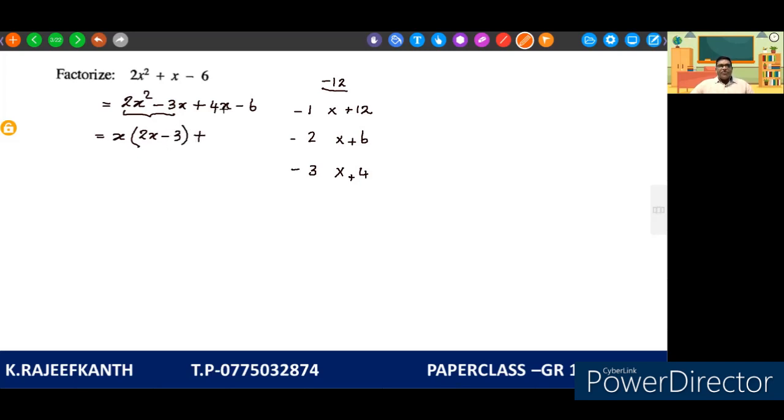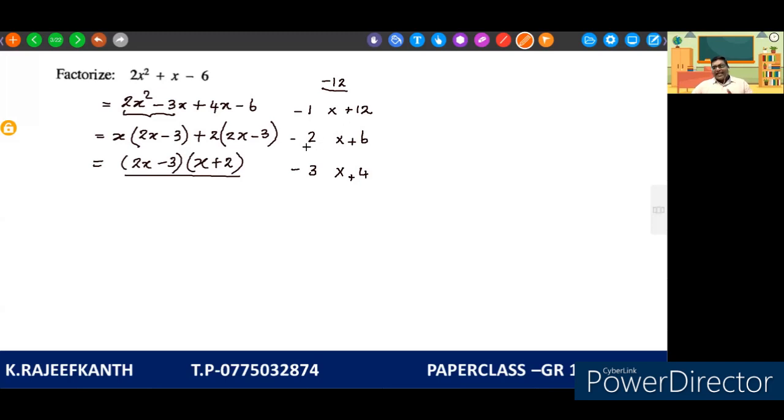Here, in 4x and minus 6, we can take out 2. Then 4x divided by 2 is 2x, and minus 6 divided by 2 is minus 3. Here in these two, we can take out 2x minus 3 as a common factor. Then x plus 2 will be remaining. Then 2x minus 3 into x plus 2.